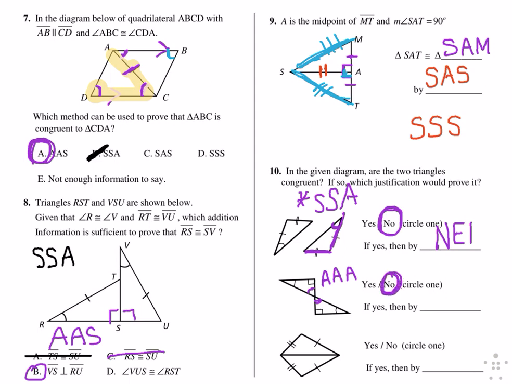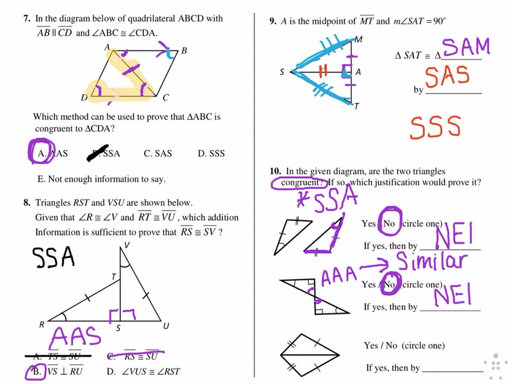So again, we don't know that they are congruent or not. AAA just tells you that the triangles are similar to each other. There's a difference between similarity and congruent. Congruent means exactly the same size.